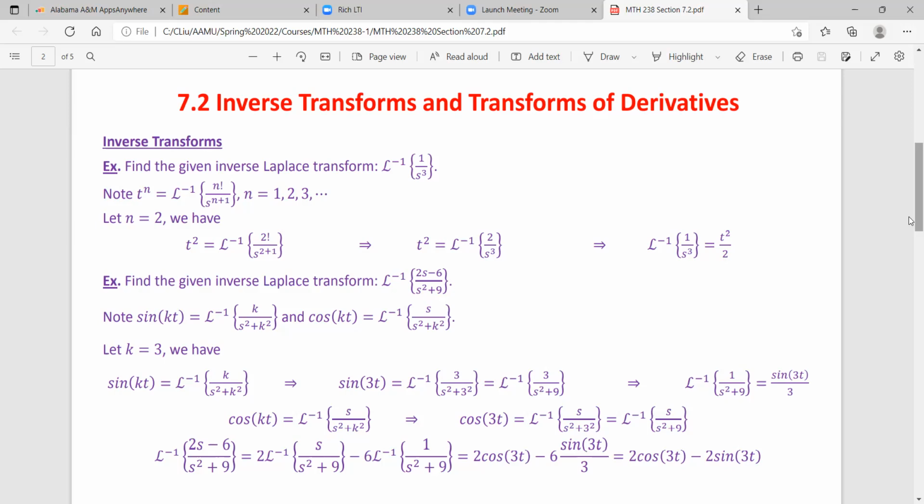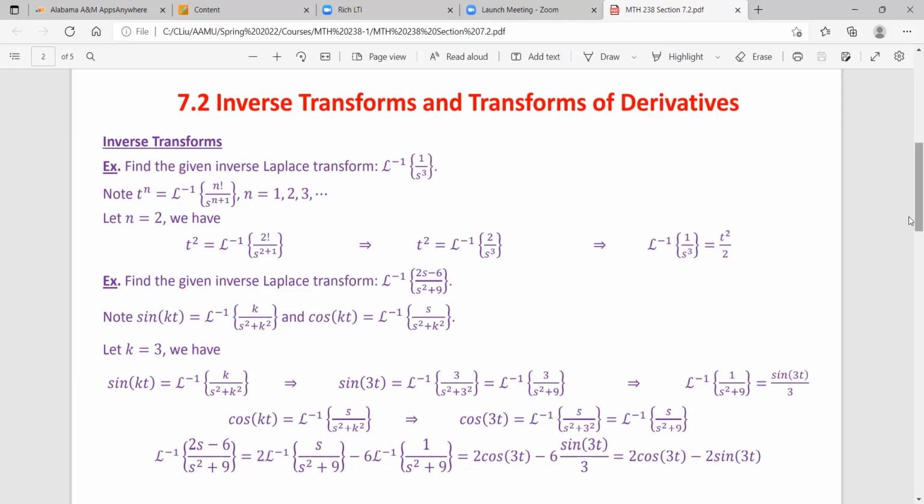So we get 2 times inverse Laplace transform of s over s squared plus 9 minus 6 times inverse Laplace transform of 1 over s squared plus 9. All right. So first you split it into 2s over s squared plus 9 minus 6 over s squared plus 9, and then you just take out 2 and 6 from each inverse Laplace transform.